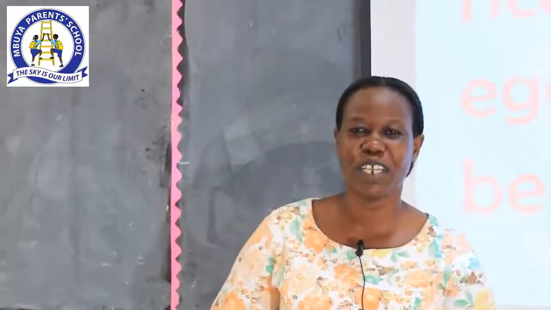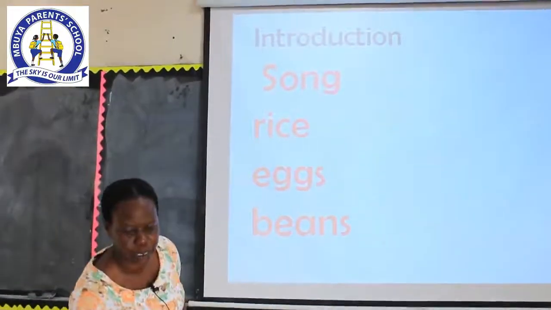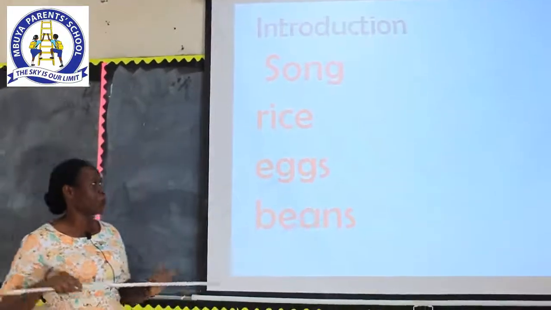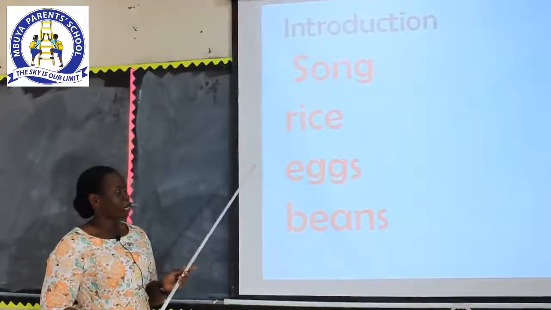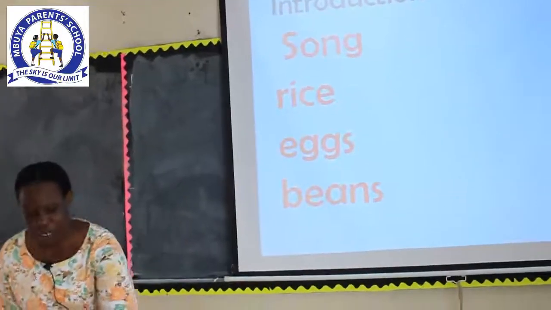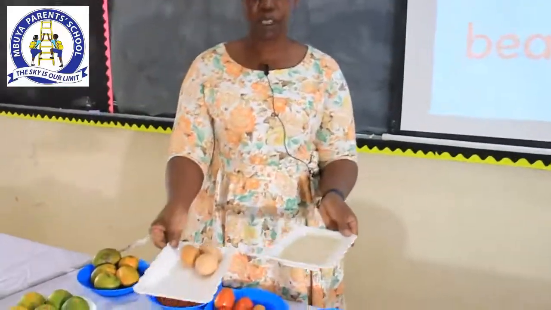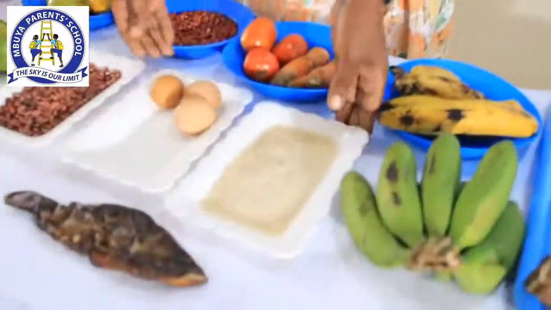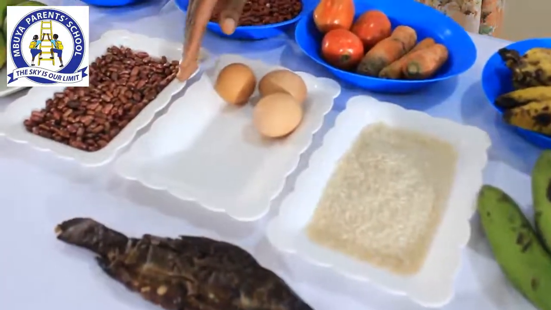When I say good children, you say good teacher. Good children, good teacher. Very good. Now, let us look at these words that we have developed from our word game. We developed the word rice, the word eggs, and the word beans. So, rice, eggs, beans.